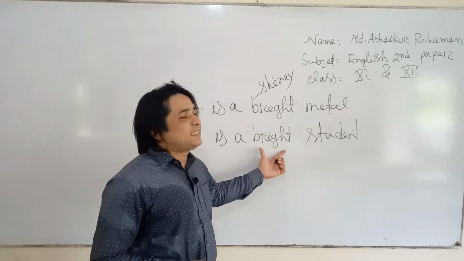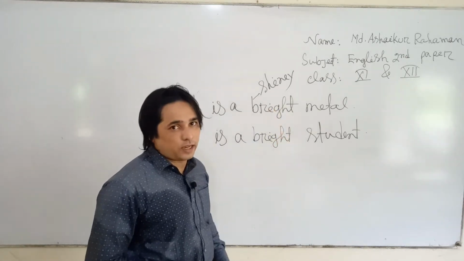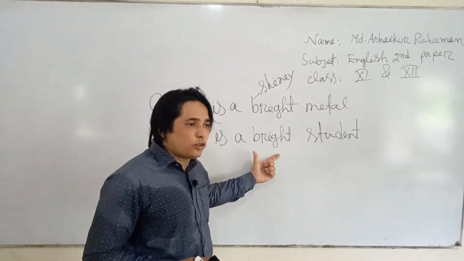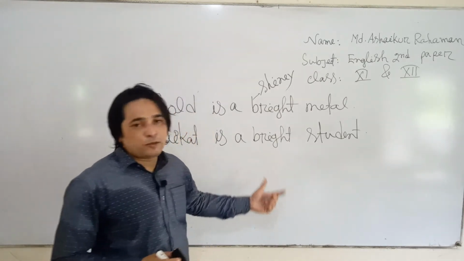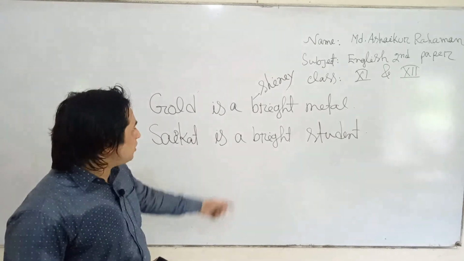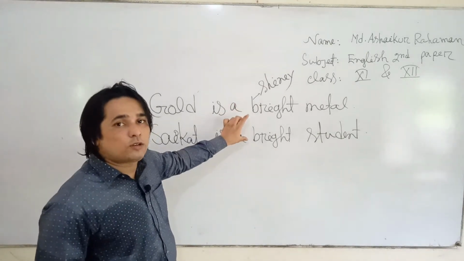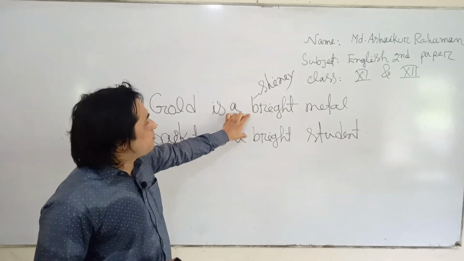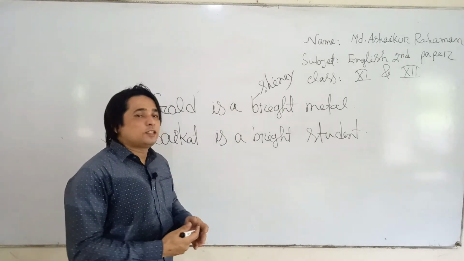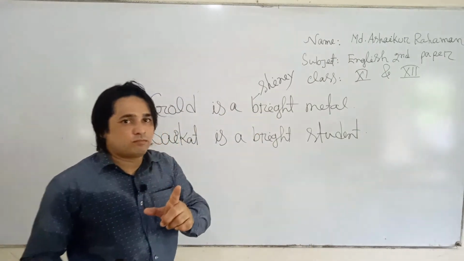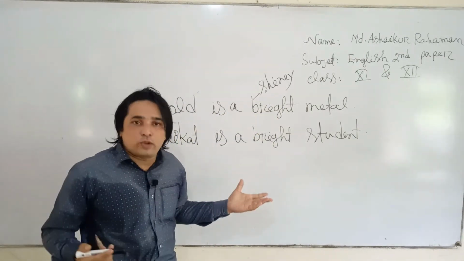Here, the word bright doesn't mean shiny or glowing or sparkling. Here, bright means talented, meritorious, and brilliant. So, you see that a similar word bright gives different meaning in different sentences, in different contexts. This is called contextual meaning.